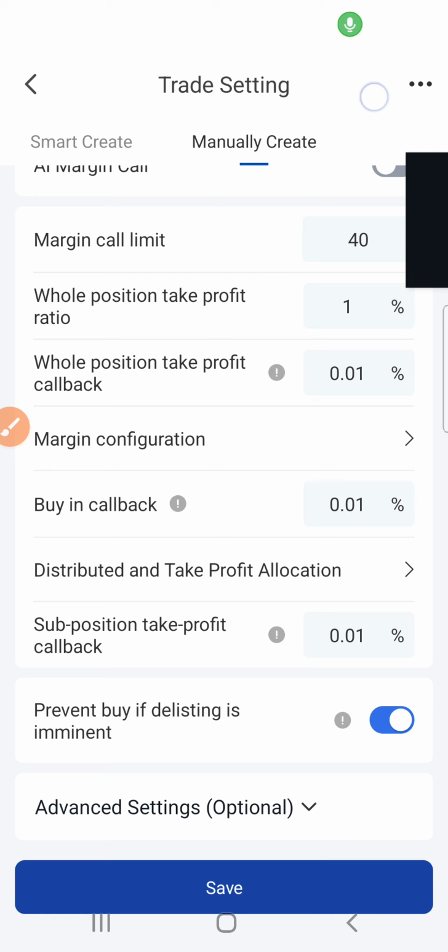It hits exactly here and there's that callback. Remember, it will not take 1, it will take 1.01. In case this one is hit and there is that callback of 0.01, someone moves out of the market with the full 1%. That's the reason you always see some of your leaders telling you to put 1.01 here. Yes, that's all for that.